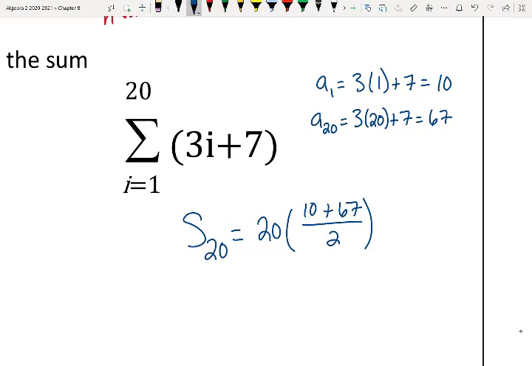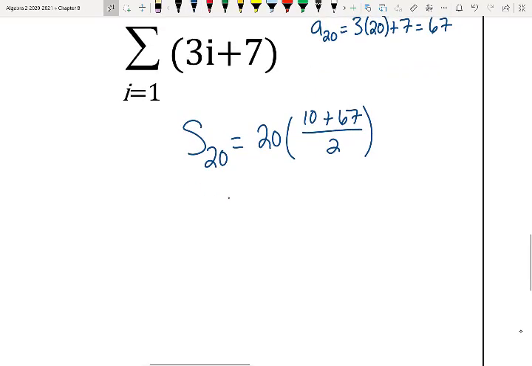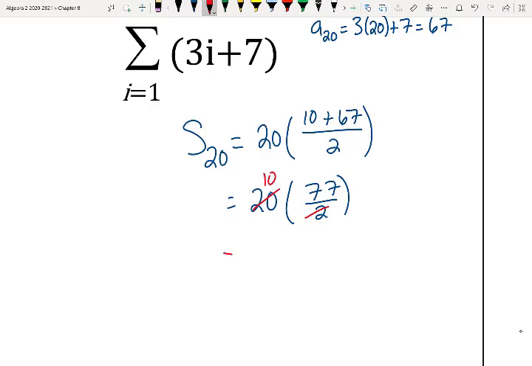So first term plus last term is 77 over 2. Instead of dealing with a fraction or a decimal, 20 and 2 can just reduce. So 10 times 77 means the sum of the first 20 terms of that series, I don't like those sevens, would have to add up to 770. And that's my sum of the first 20 terms of that series.